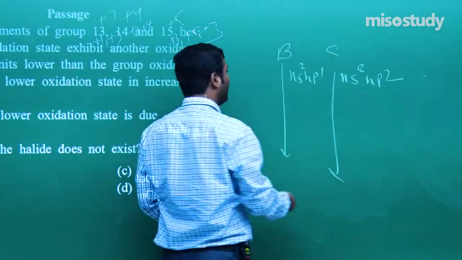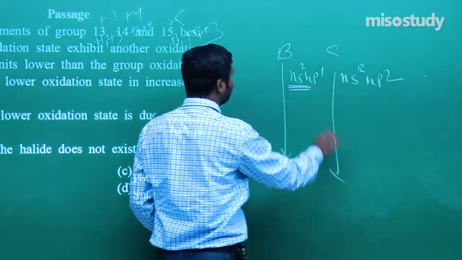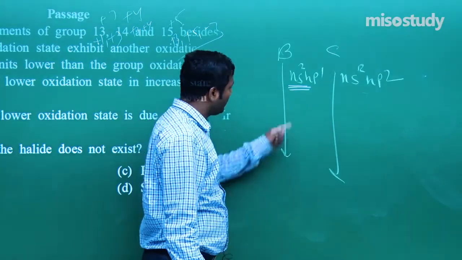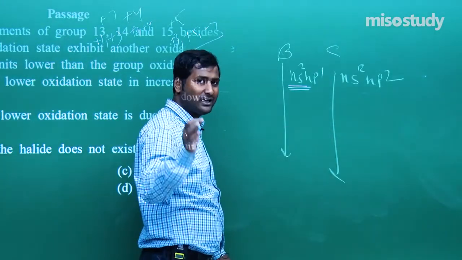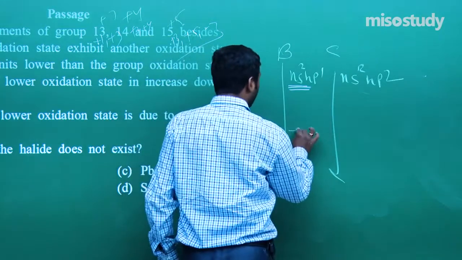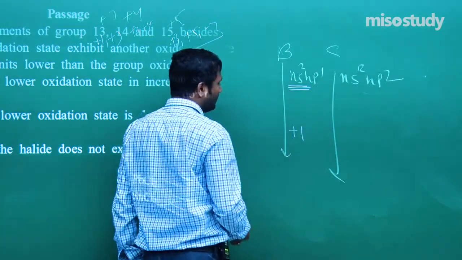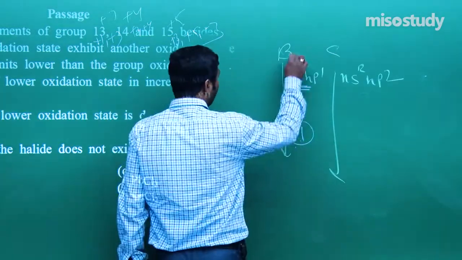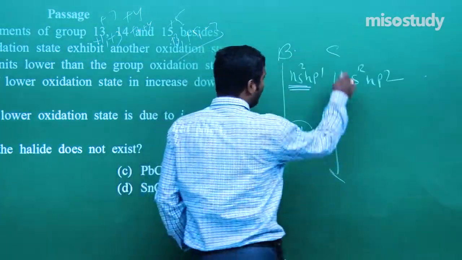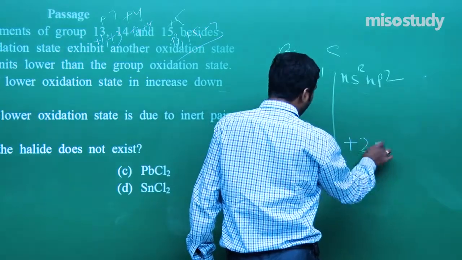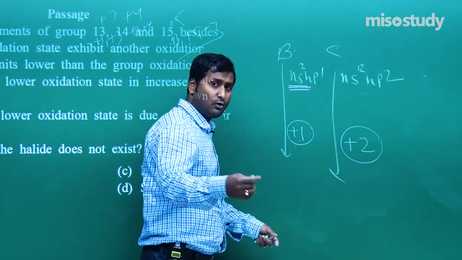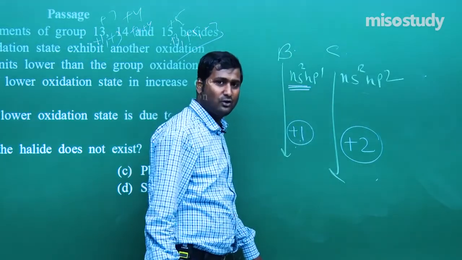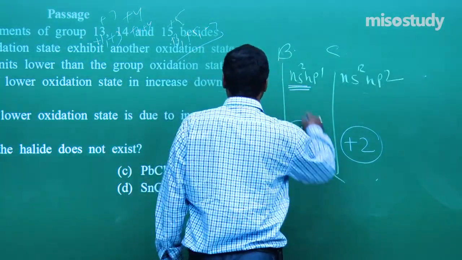But as we move down the group, the inertness of the s electrons to participate in bond formation increases. Due to this reason, only the p electron releases its electron. So down the group, +1 oxidation state is more stable in case of group 13, for group 14 that is +2 oxidation state is more stable, and for group 15, +3 oxidation state is more stable. Clear to you? So this effect is known as inert pair effect.